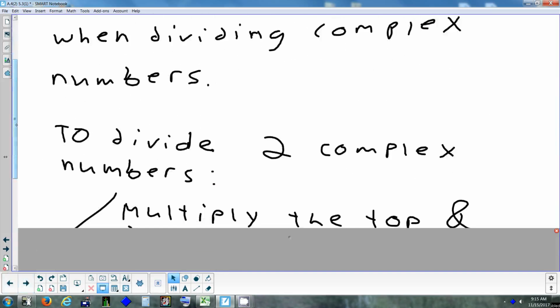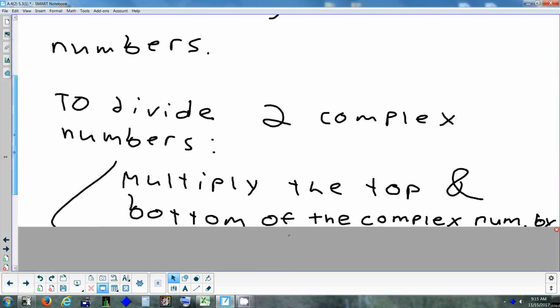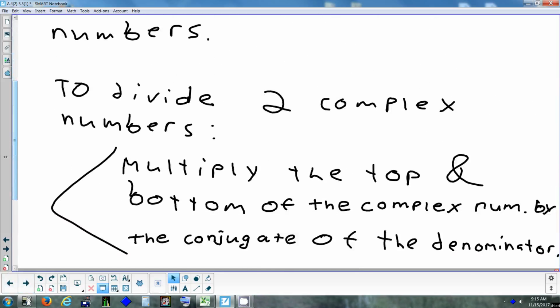So, in order to divide two complex numbers, you're going to multiply the top and the bottom of your fraction by the conjugate of what's in the bottom. And what that's going to do is wipe out all the imaginary numbers in the bottom. It's going to put them in the top, but that's fine. You just can't leave them in the bottom.